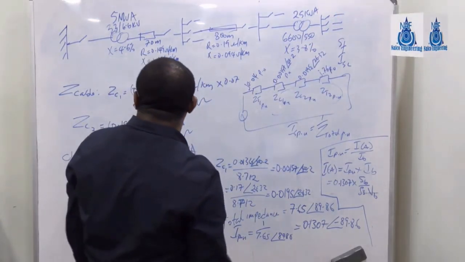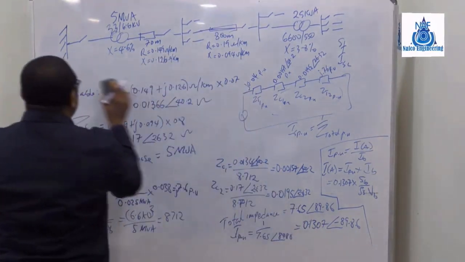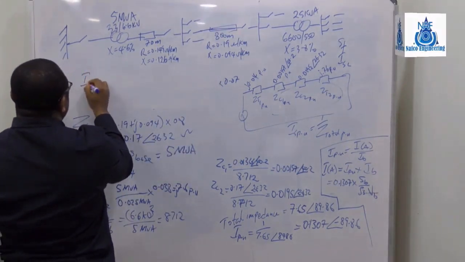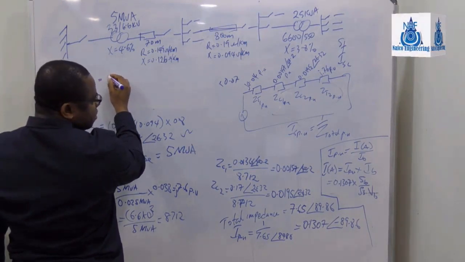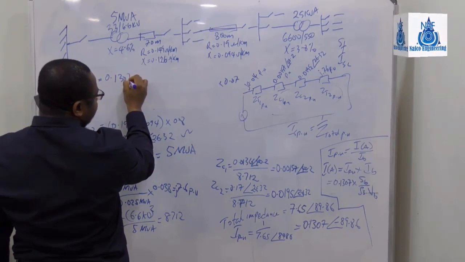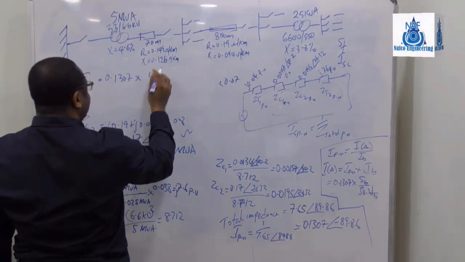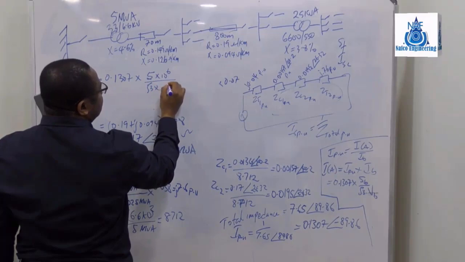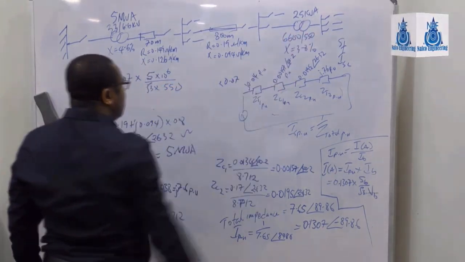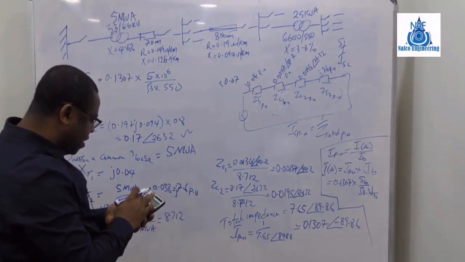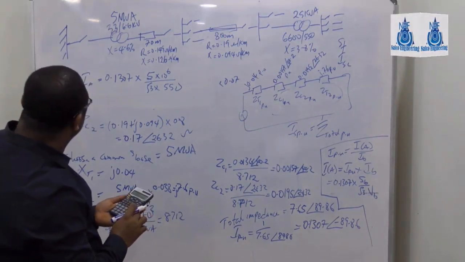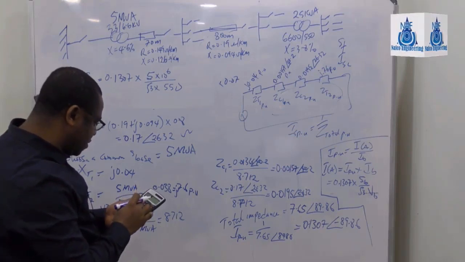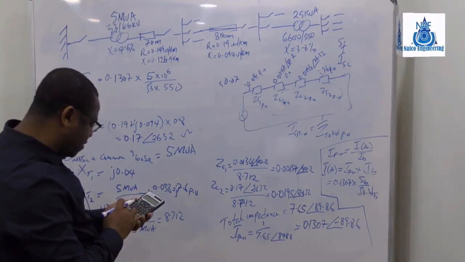All right, so I in amperes will now be 0.1307 times 5 exponent 6 divided by root 3 divided by 550, where you are talking about the board there at 550.